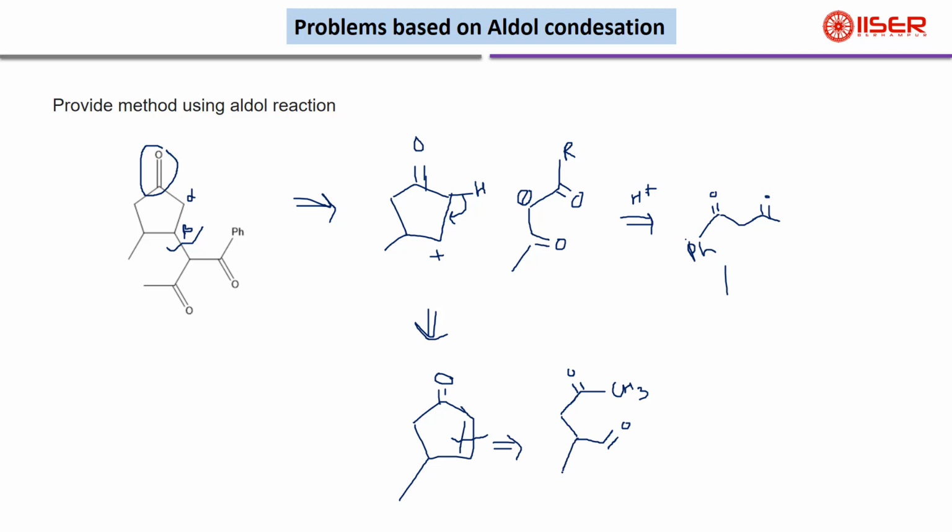Okay, so this is prepared through aldol reaction, and after that, this alpha beta unsaturated cyclopentanone gets conjugated with another molecule of this diketoaldehyde, then it gives this Michael addition product.